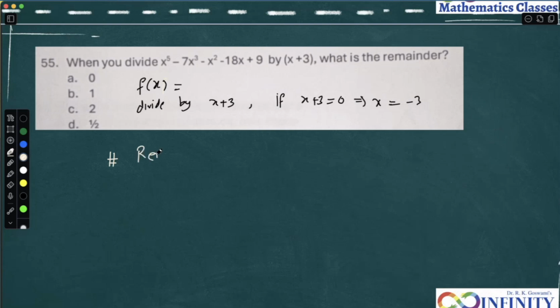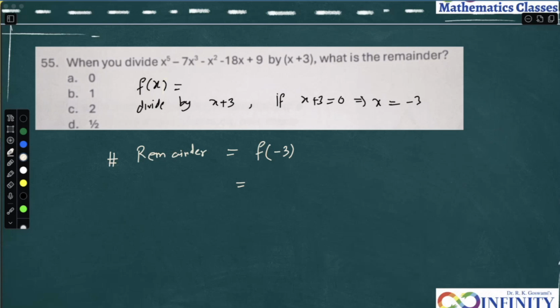Whenever there is a question for remainder, whenever you divide a polynomial by a first degree term, you find the value of x and you find the value of the polynomial at that point. Whatever you simplify, that will be your remainder. Can you, sir, please do the task?